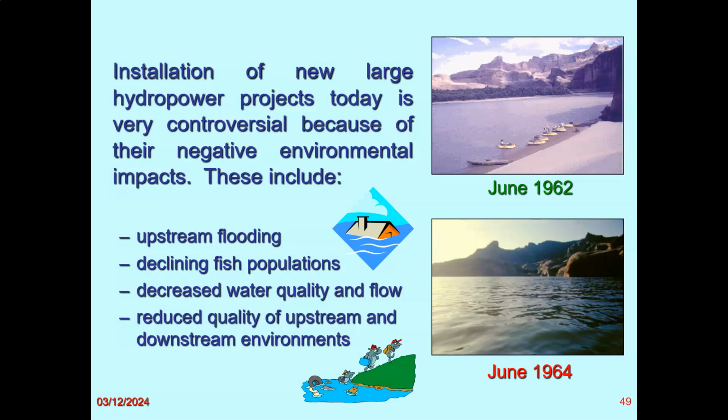As you can imagine, in real cases the installation of dams can produce, for example, flooding, the decrease of the fish population, the decrease of the power quality and the flow, and also the reduced quality of upstream and downstream environments.